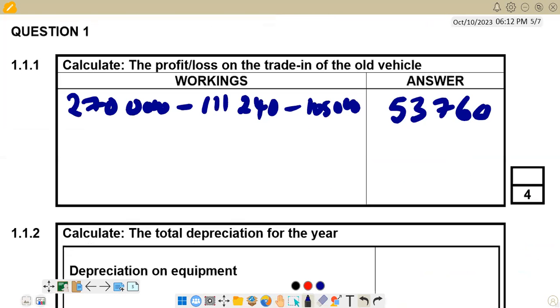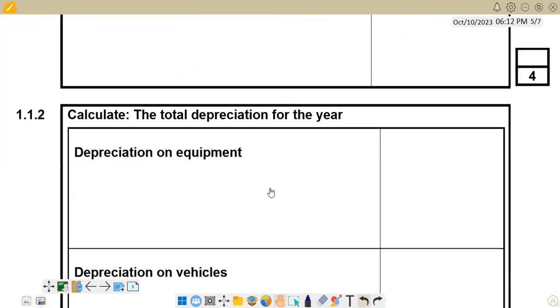Right, for depreciation, we come here now and we just make a summary. Maybe you can show how you found the depreciation for vehicles. Okay, it's given there for equipment. We start with equipment there.